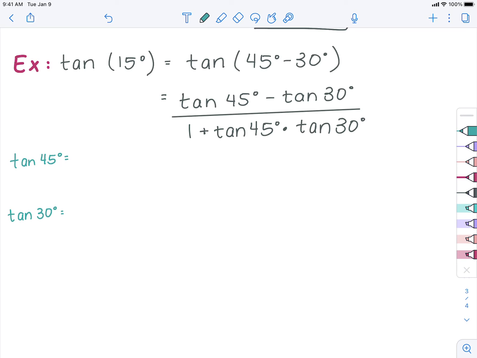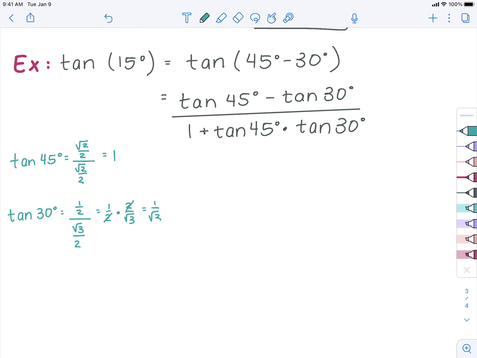So my tangent of 45 degrees, my y value at 45 is root 2 over 2. My x value is root 2 over 2. So my tangent of 45 degrees is just 1, because when my numerator and my denominator are the same, my fraction simplifies to 1. Now, my tangent at 30 degrees, my y value is 1/2. My x value is root 3 over 2. So I'm going to need to simplify this. It becomes 1/2, change the sign, flip the bottom fraction, cancel my 2's.